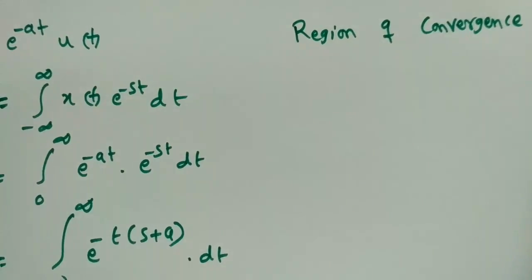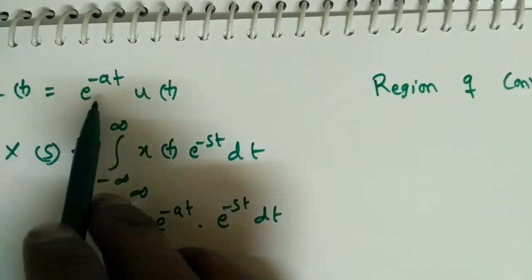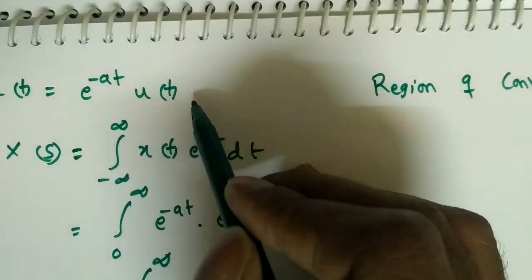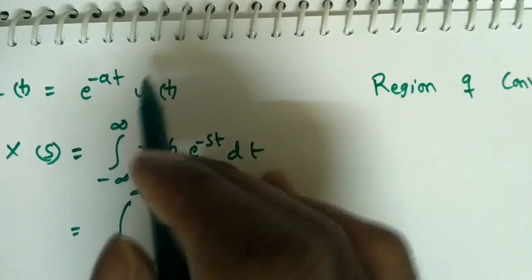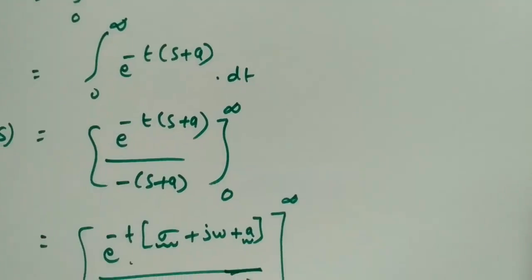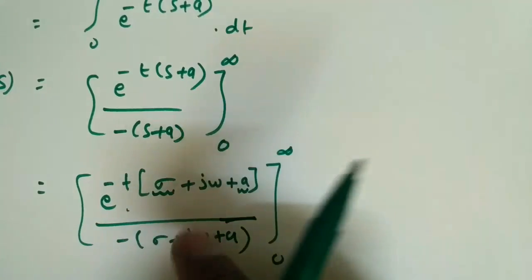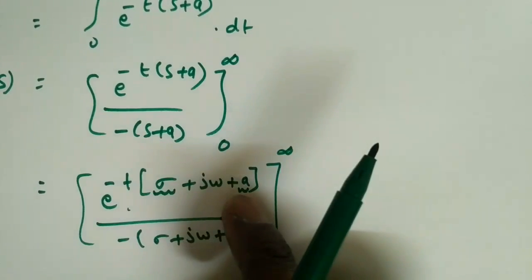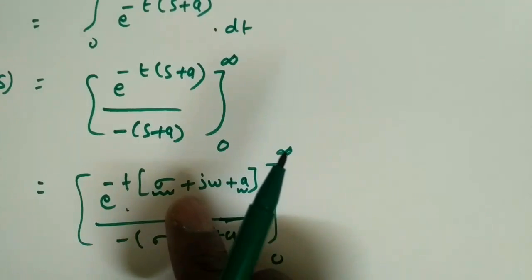Right? So if you recall, when we talked about the continuous time Fourier transform, there was a condition, that is a less than 1, but here no such condition is there. But to make this integration converge, another condition comes in, that is sigma plus a should be greater than 0, it should not be less than 0, right?